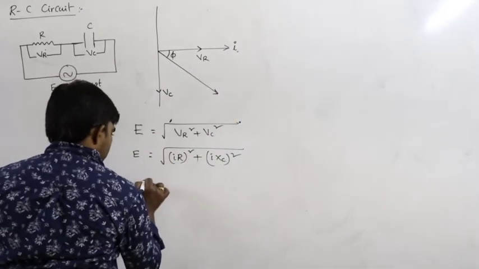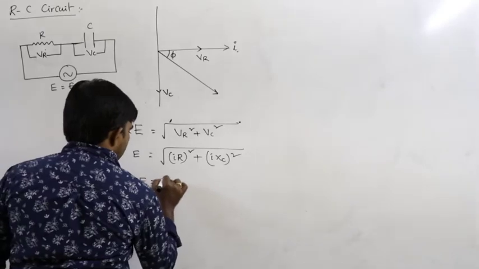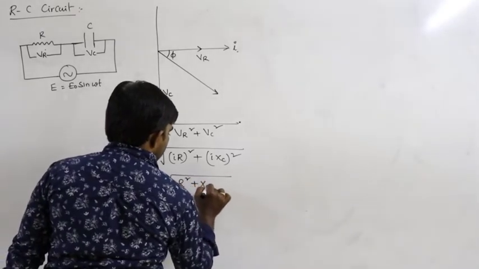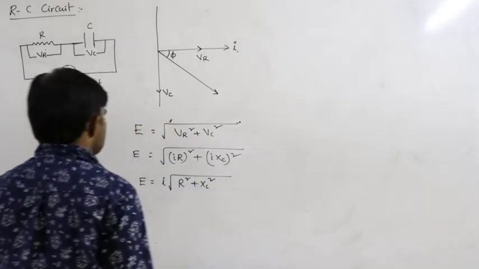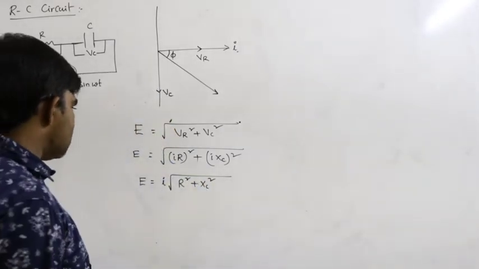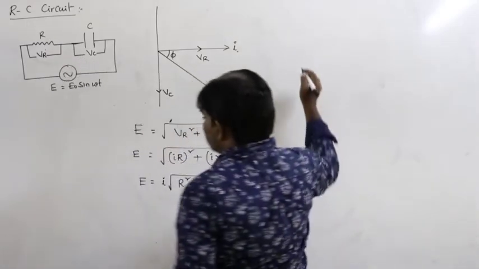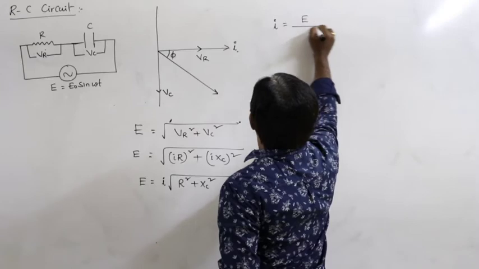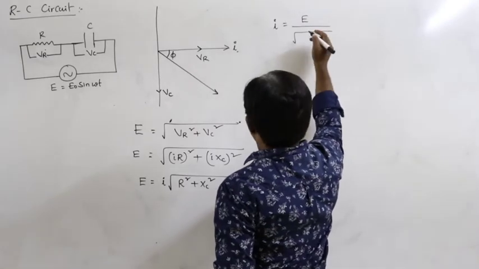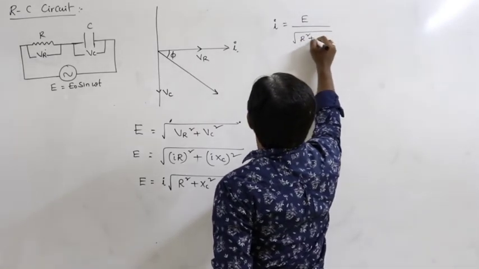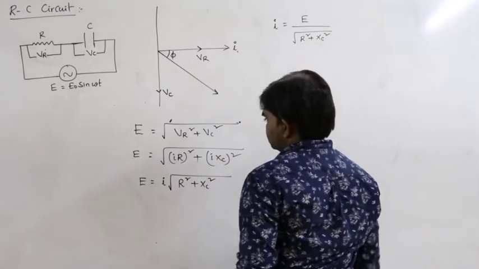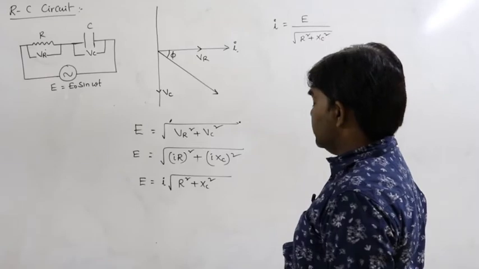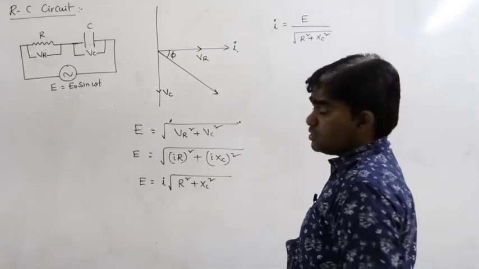Then E is equal to I into under root R square plus XC square. So from this we can write I is equal to E by under root R square plus XC square.